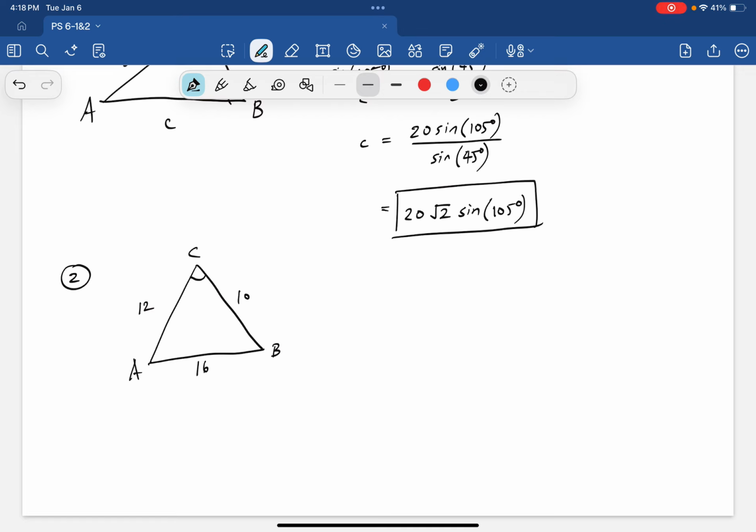And so that is going to have this as my opposite angle, and so that's going to go on the left side by itself. So I'll have 16 squared equals the two adjacent sides now, so 12 squared plus 10 squared minus 2 times 12 times 10, and then cosine angle C, because that's the angle in between those two adjacent sides.